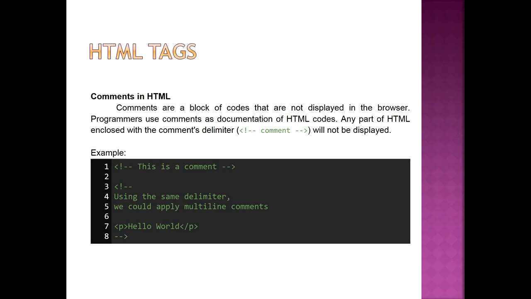The first one, in line 1, is the single-line comment, and the second one, which starts in line 3 and ends in line 8, is an example of a multi-line comment that comments multiple lines of code in an HTML file.